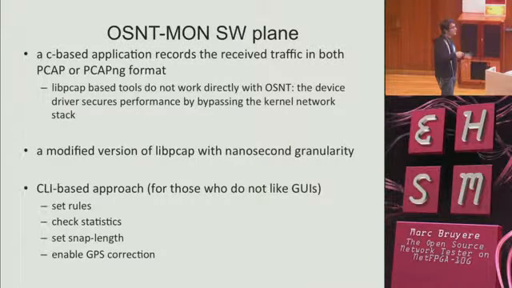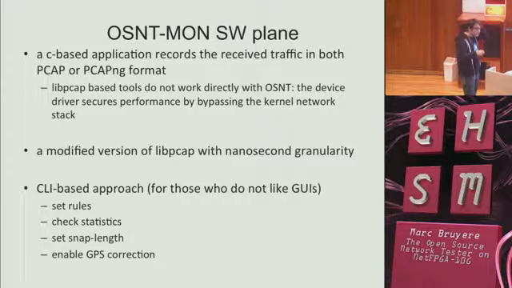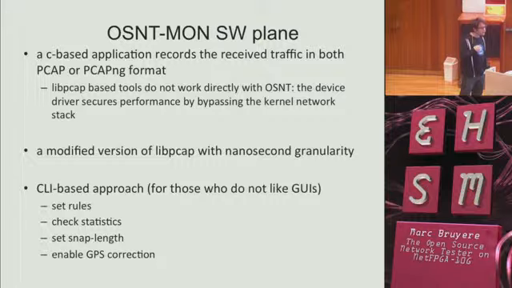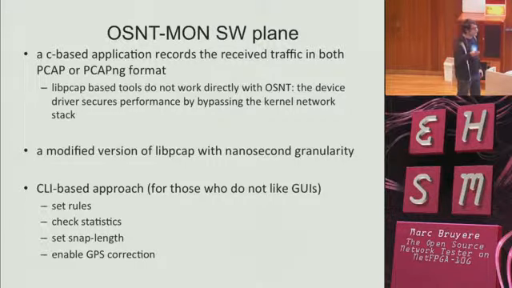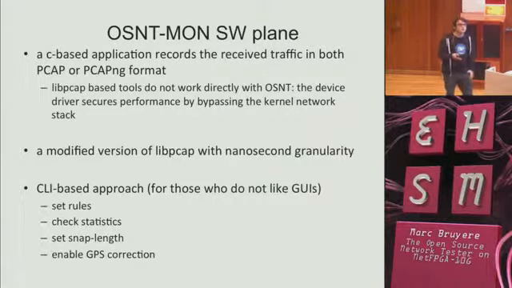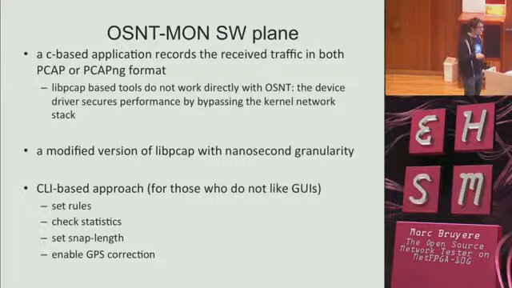This application, where the GUI is connected, is C-based. And we generate, based on the filter, normal pcap or new generation pcapng. There's a slight difference, especially for new generations.